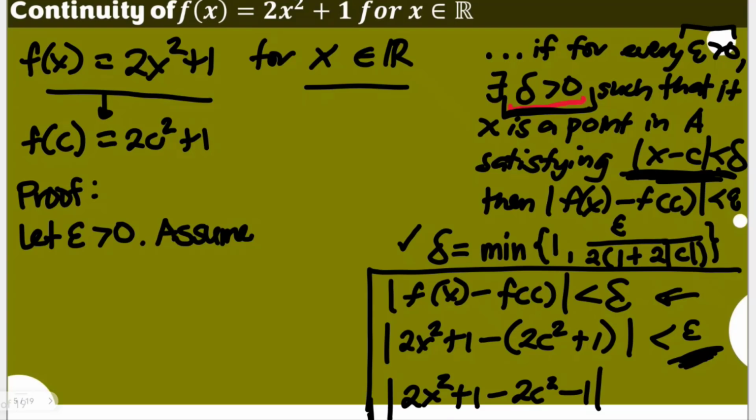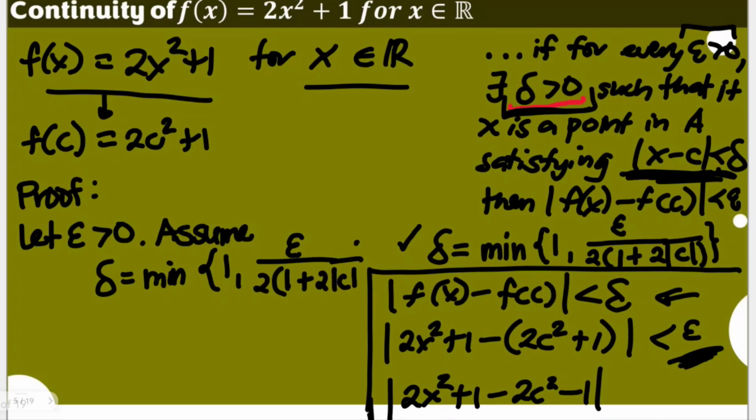So we'll have to assume that delta is equal to whichever will be the minimum between 1 and epsilon over twice the product, or twice the sum, of 1 plus twice the absolute value of c. Okay, so whichever would be acceptable, then it would be our delta.